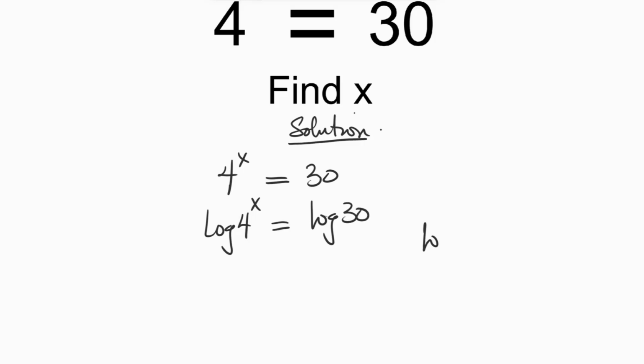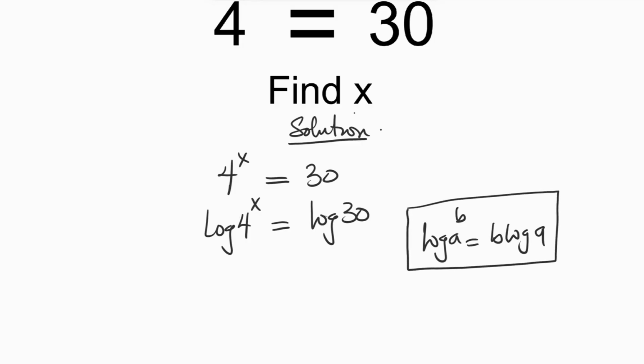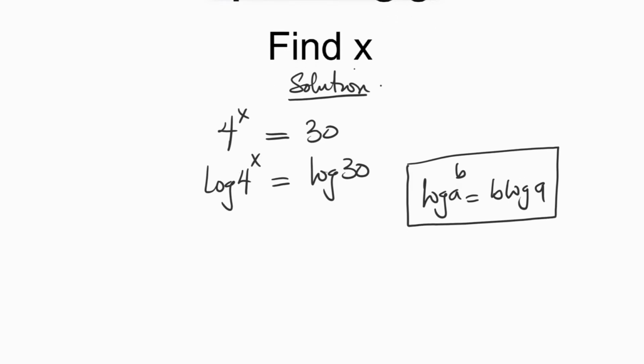We know that log a raised to the power b is the same thing as b log a. So we're going to apply this rule to the left-hand side of our question. So now x comes over here, and then we have x log 4 equals log of 30.